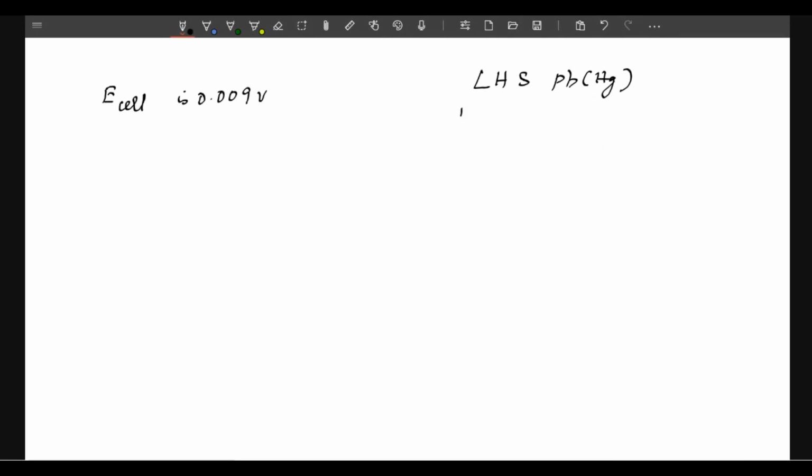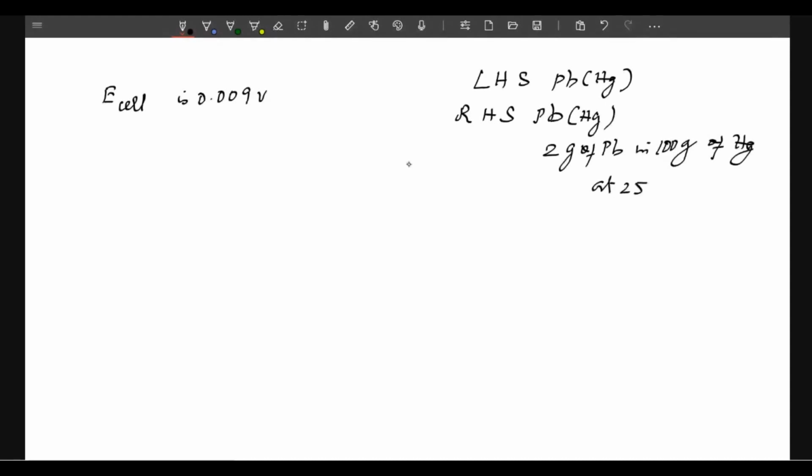and the concentration of the RHS lead amalgam electrode is 2 gram of lead in 100 gram of mercury at 25 degrees centigrade.